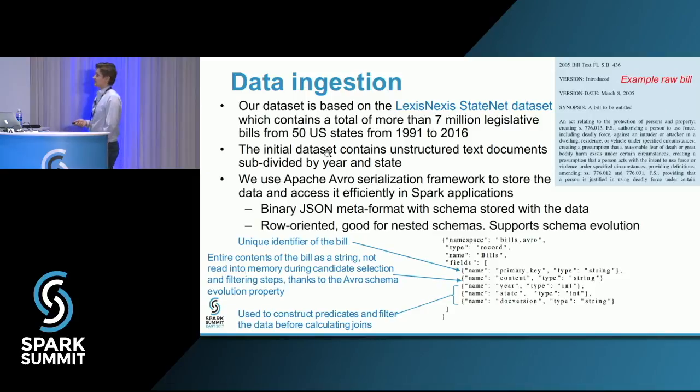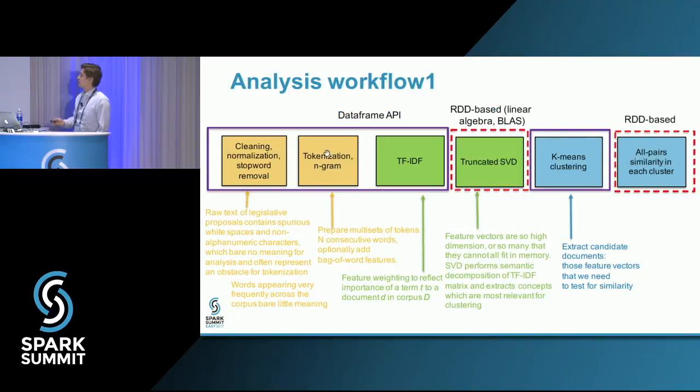The initial data set is unstructured text documents, as you see here in an example. In the first step, we structure the data and put it in JSON format, and then we convert it to the binary JSON format with schema, the Avro format, which has good interoperability with Hadoop and Spark, and it reduces the serialization time, which is a plus as well.